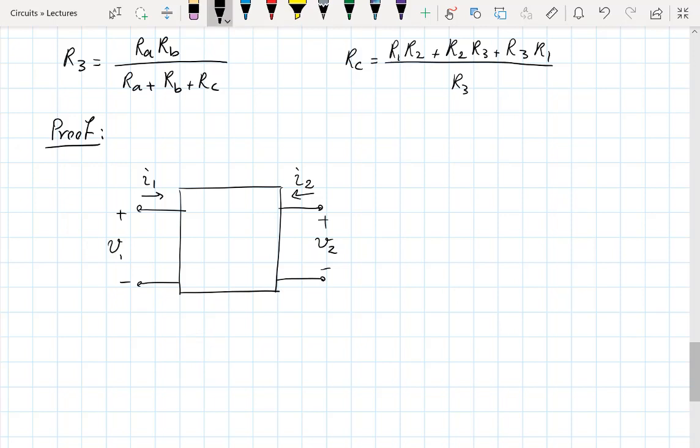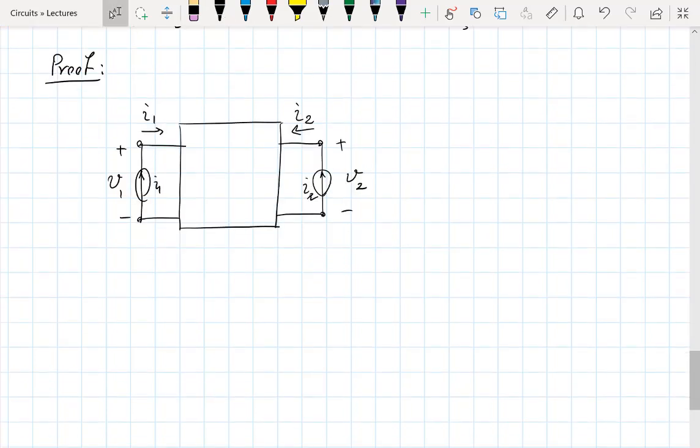So if I connected a current source with the current I1 in this direction, and a current source with the current I2 in this direction, and measured the voltage across these current sources. Remember, a current source can have any voltage in theory, right? Within limits in practice, of course, but in theory, any voltage. Well, and I have this resistive network inside, so it's either a Y or delta, okay?